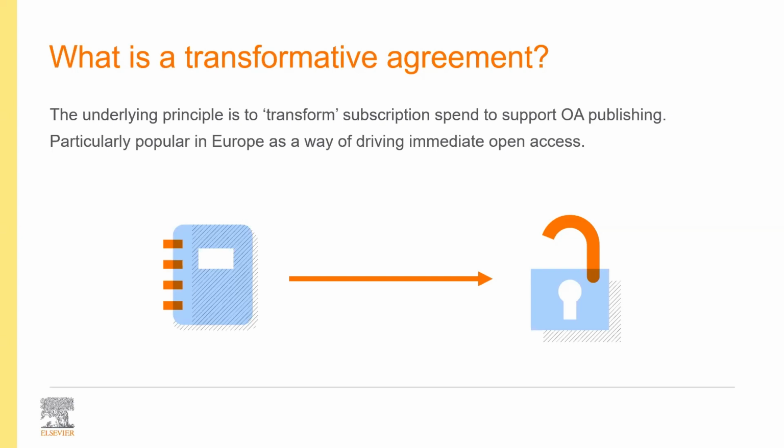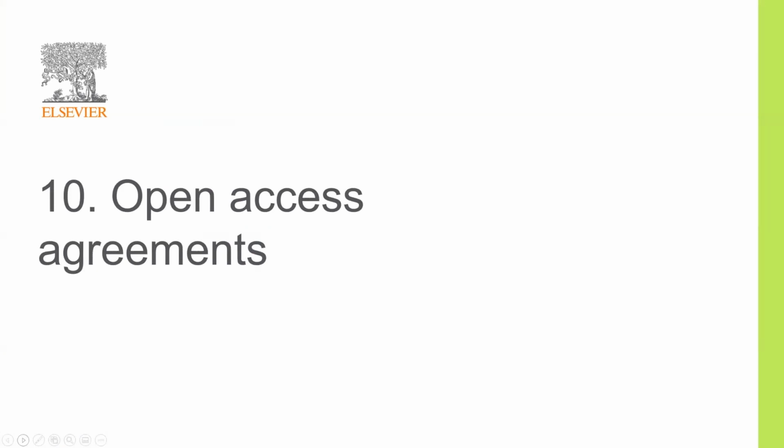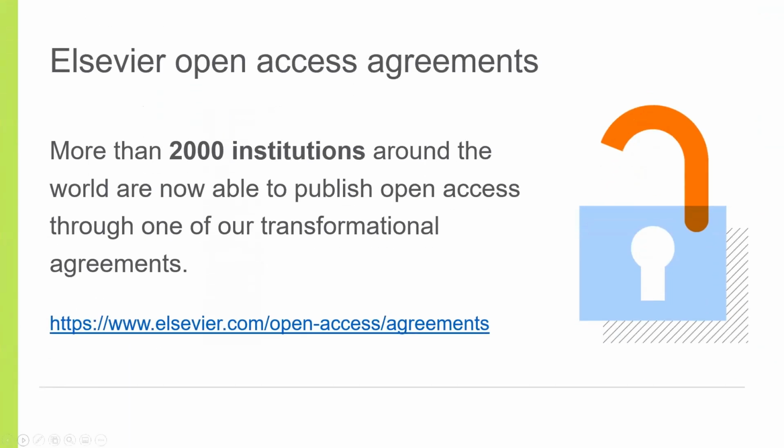From pay to read, we want to transform to pay to publish, and then all articles with APCs paid by authors or institutions are freely available for readers and users. Such agreements can be on the country level or on the institutional level. For now, more than 2,000 institutions all around the world are able to publish open access through this kind of transformative agreement.